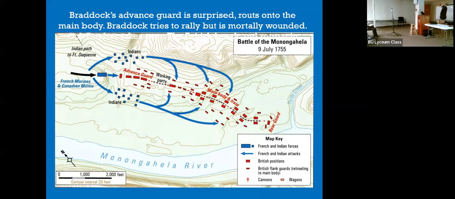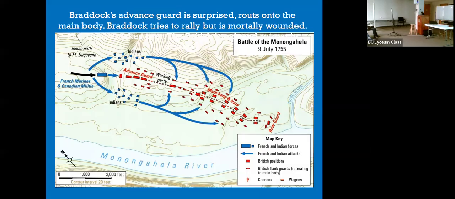But meanwhile, the major attack is coming from both flanks. Why? Because Braddock's trail had deviated from the Monongahela in order to go up following an Indian path towards Fort Duquesne. They're caught there and they're ambushed, and it is an utter disaster.